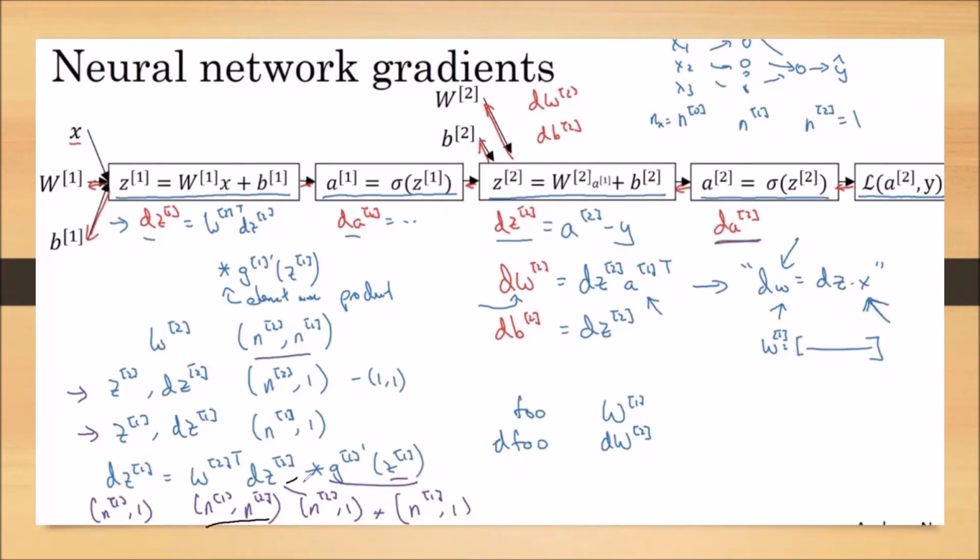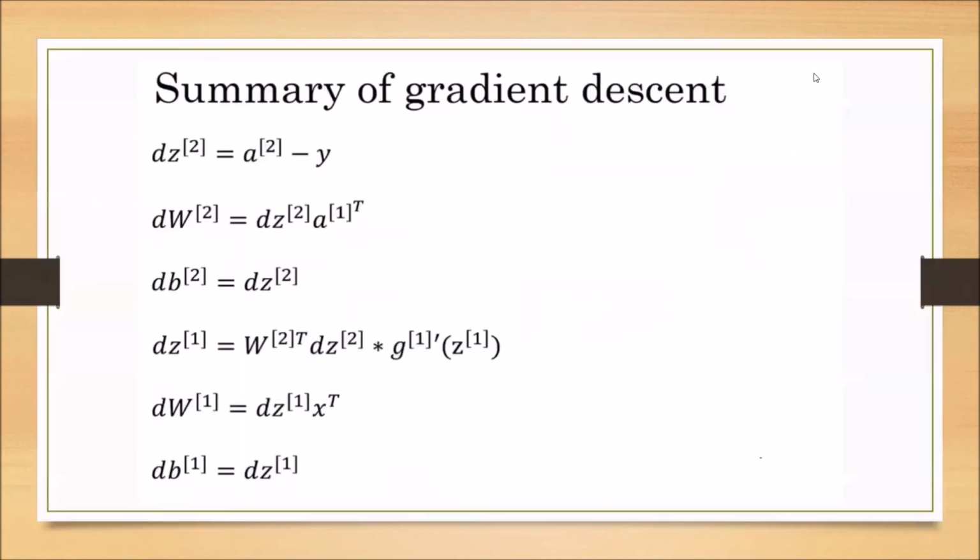Now already we know what dz is. When we are multiplying with the prime, the resultant is the N1 by 1 matrix. This is what we have done, so we are revising. First we calculated dz2, which is nothing but the change of the loss function, or the cost function, with respect to z2.